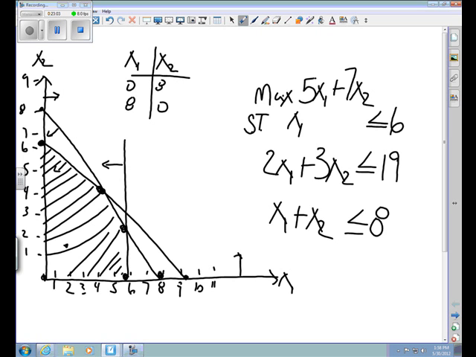Okay. Similarly, if I chose this solution down here where x1 equals 6 and x2 equals 0, then this point right here, we know the profit down there would be 5 times 6 plus 7 times 0, or 30. So we know automatically that this solution up here on the vertical axis is superior to this one down here.